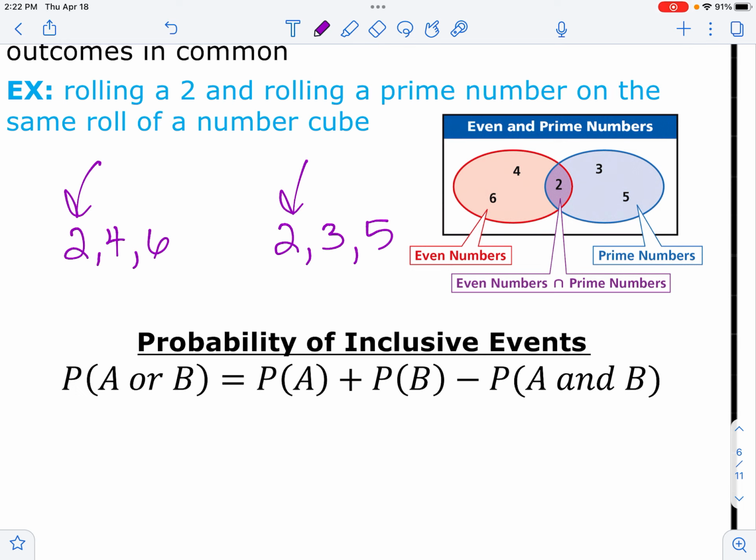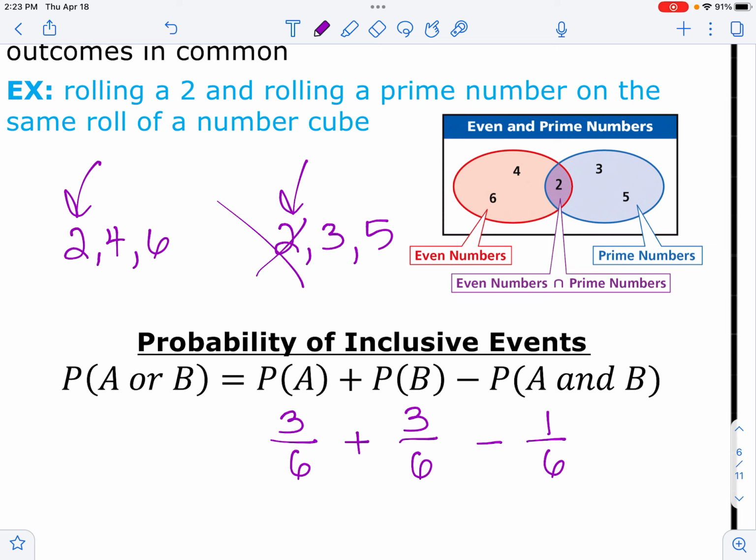So I'd be counting it twice, and we don't want to double count it, so that's why we would then have to take away that one case. So I would say, well, 3 out of 6 if it's even, 3 out of 6 are prime, but the number 2 is in both of those, so we'd have to take that out. There's 1, 2, and so we would subtract that, so we don't double count it.